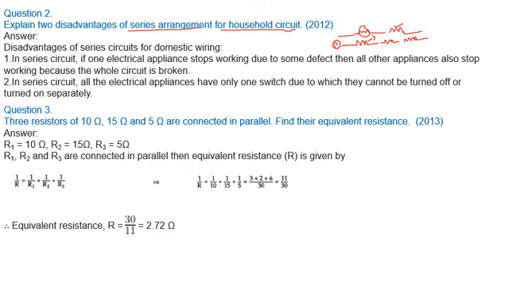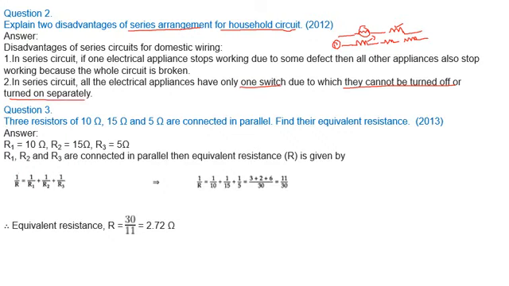So the voltage difference across every appliance is different, so the current passing through every appliance will be different. So these are the two disadvantages of series circuit. Here they have added one more. In series circuit, all the electric appliances have one switch, due to which they cannot be turned off or turned on separately. This is also one of the disadvantages in series connection.